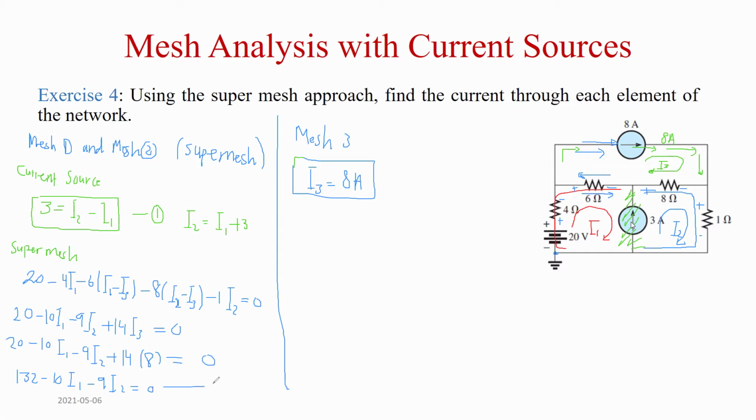This is the second equation. And this is the first equation. And this is the third mesh already solved. This is the third equation. I can substitute 1 and 2 to solve.